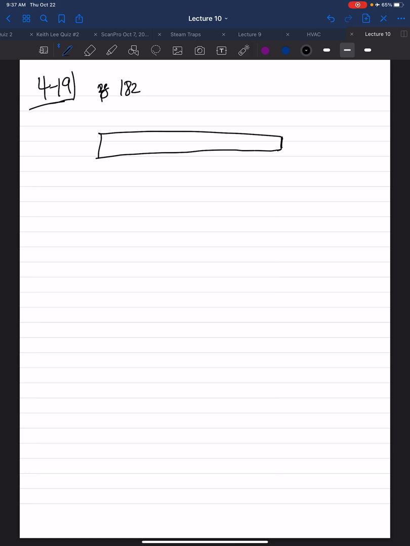So we have the loading at B. Loading at A. This thickness is 2 feet.